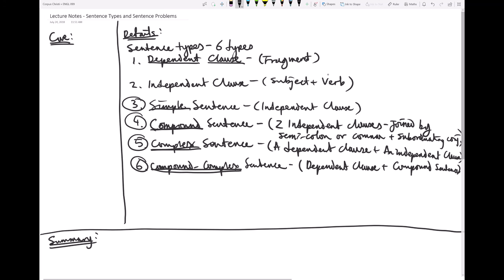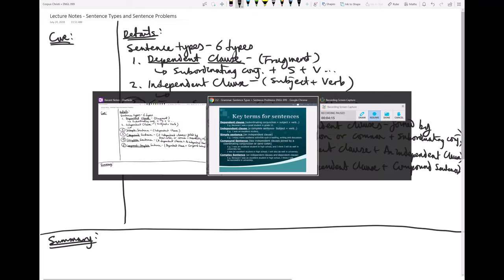So you need a subordinating conjunction plus subject plus verb and other things. Alright, let's read the independent clause.